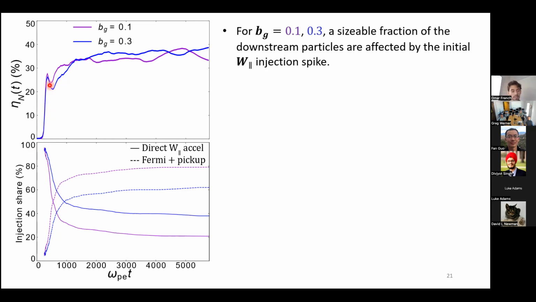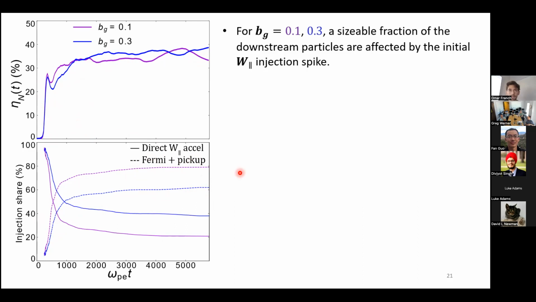But as we will see, especially for these weaker guide fields, that is not at all the dominant mechanism for injection. These two mechanisms actually play quite an important role by the time you get to the final times, even though there's a relatively smaller gain in A to N. Most of this is actually due to these other injection mechanisms. And again, this is for a time slice.